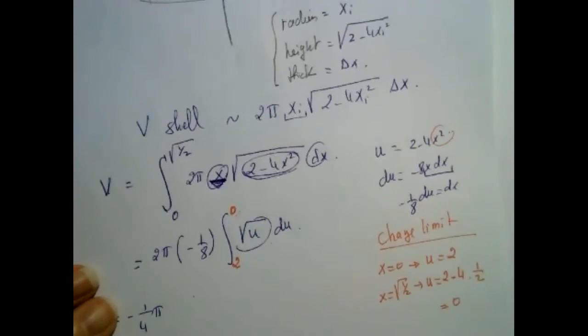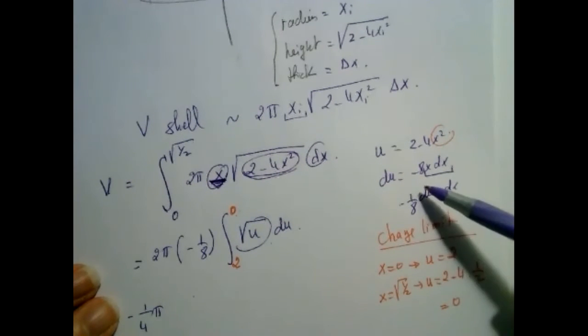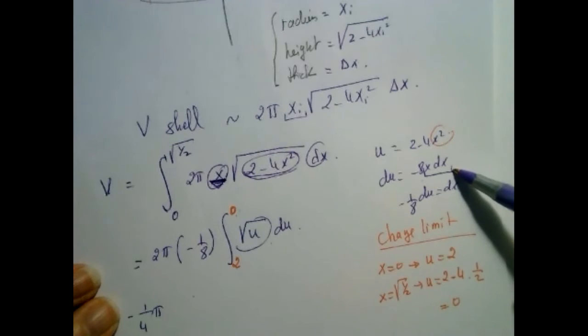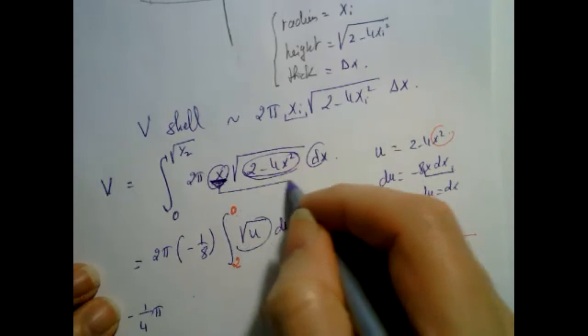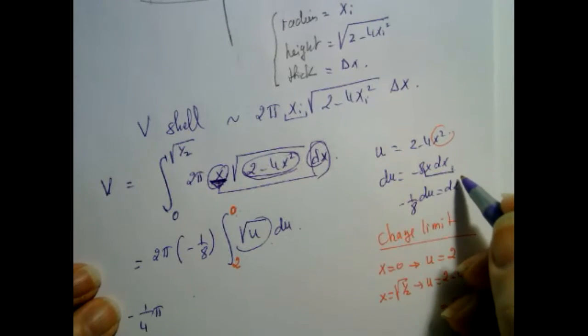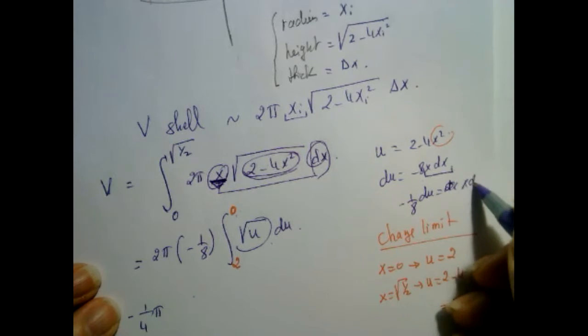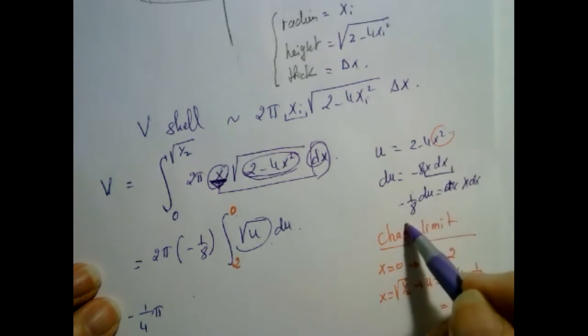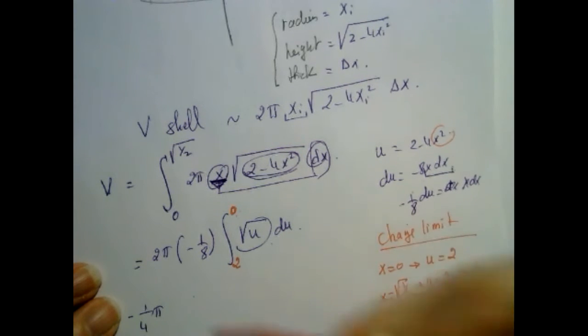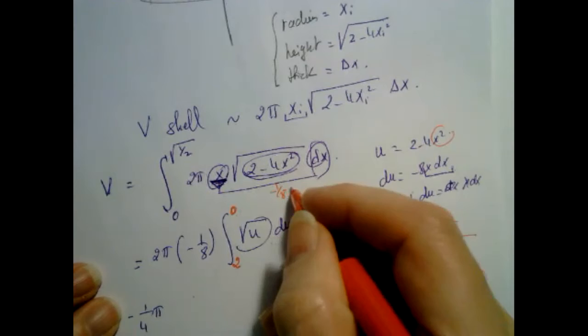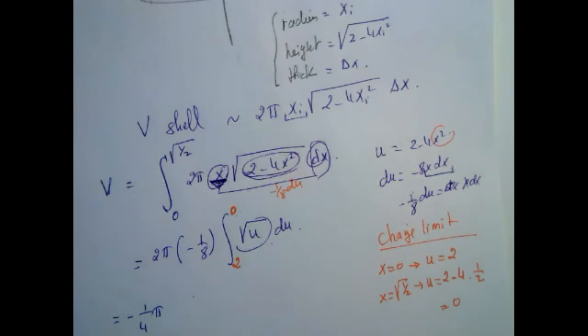What's the du? What's the derivative? Negative 8x dx. Very good. X dx is minus 1 over 8 du. Okay? All right. Thank you.